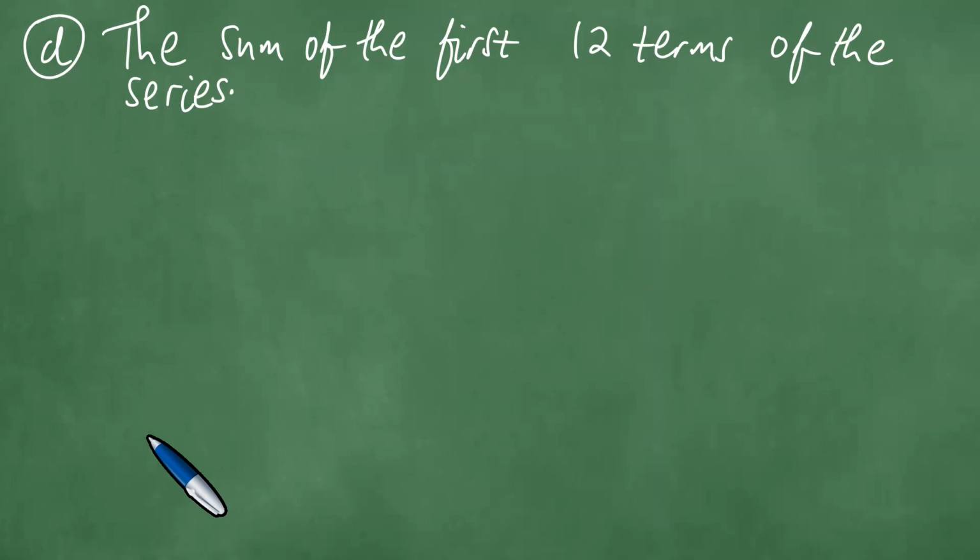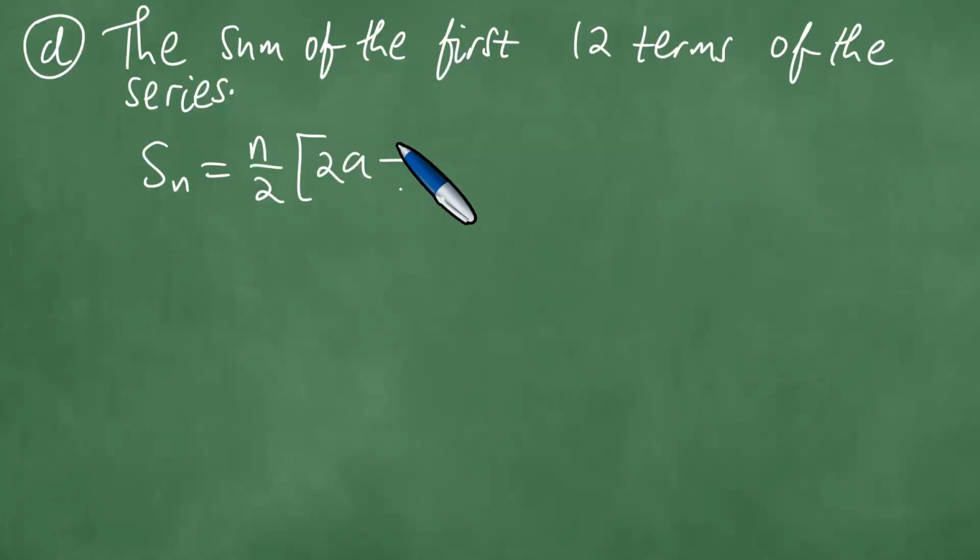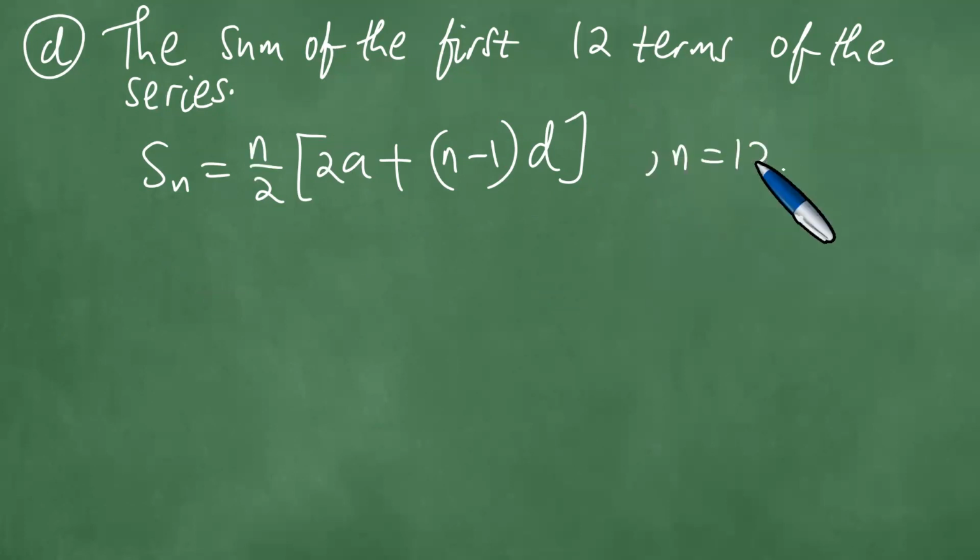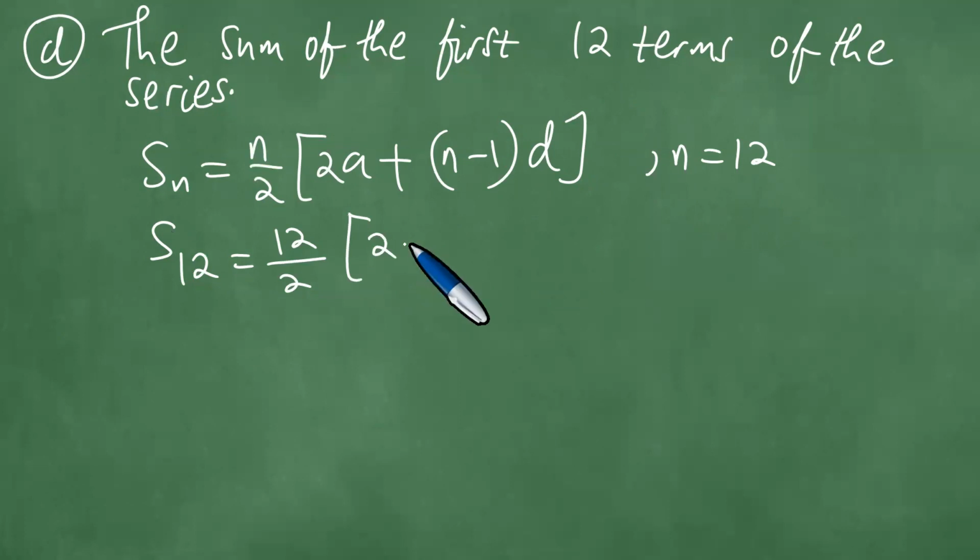So we need to use the sum formula. What is the sum formula? The sum formula is n over 2 times (twice a plus (n minus 1) times the common difference d). But it's the first 12 terms, so n is 12. What is the first term?